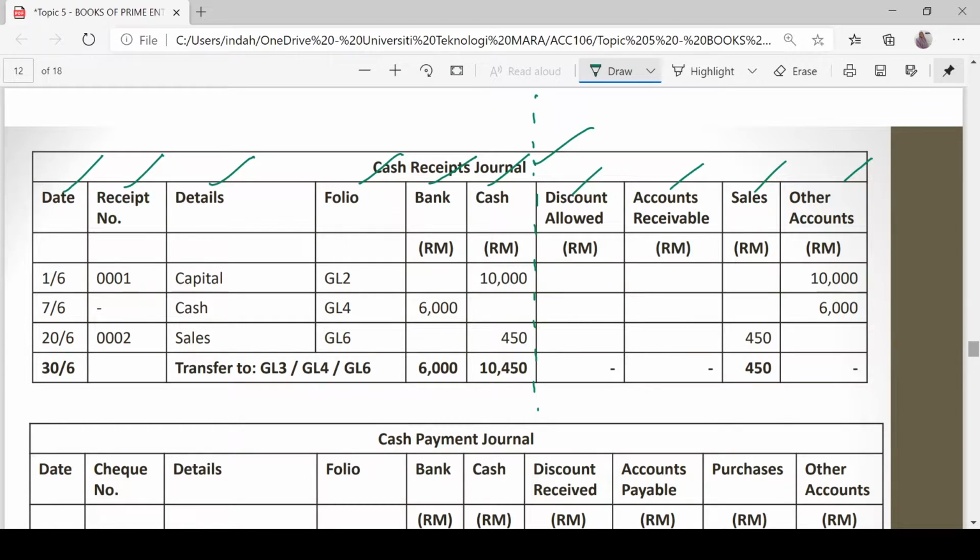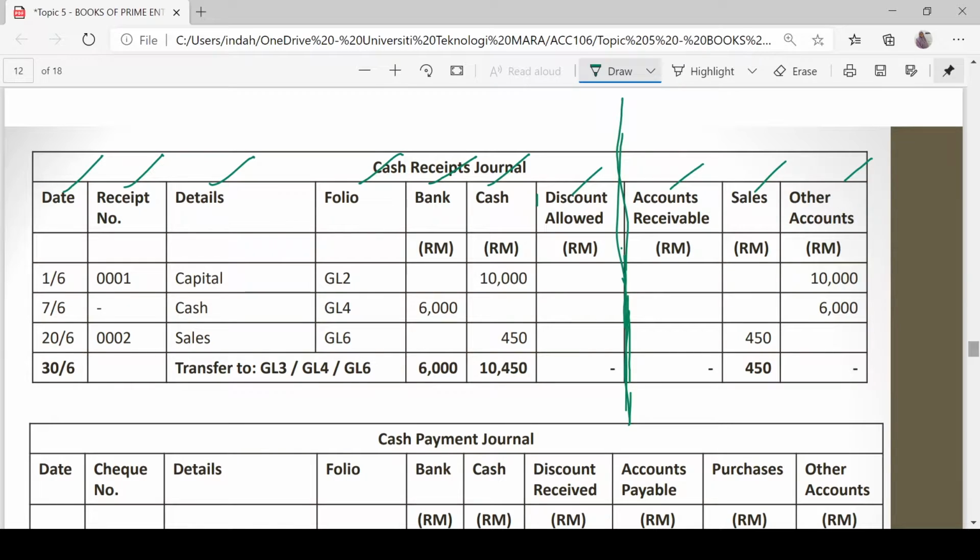Sorry, I think I drew the line wrongly. This can be considered as two parts, but it should be here.